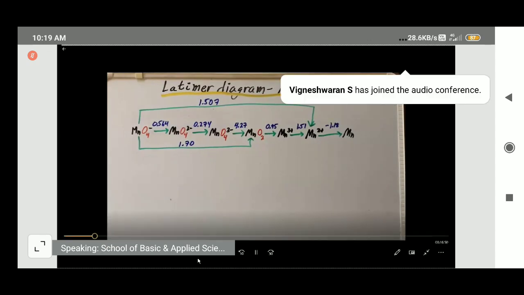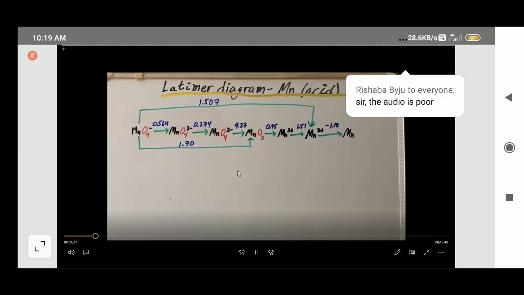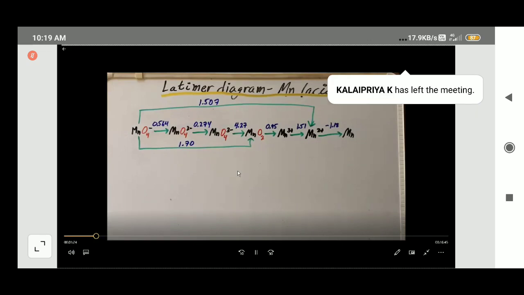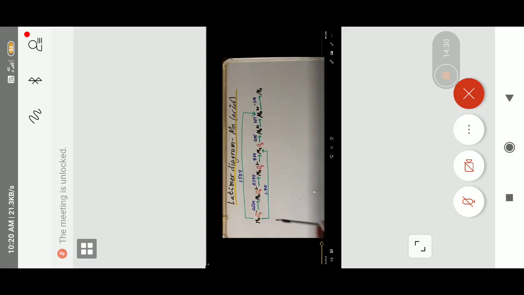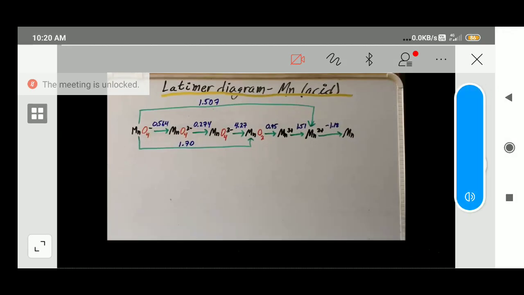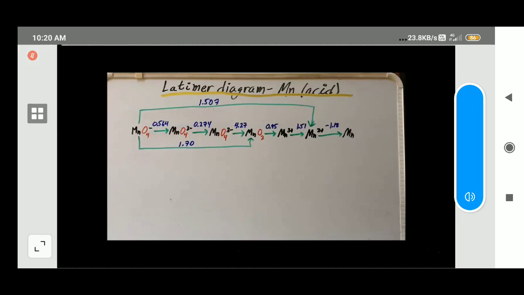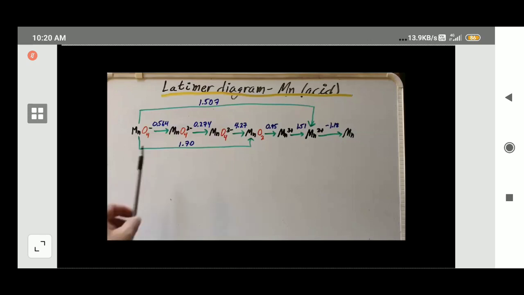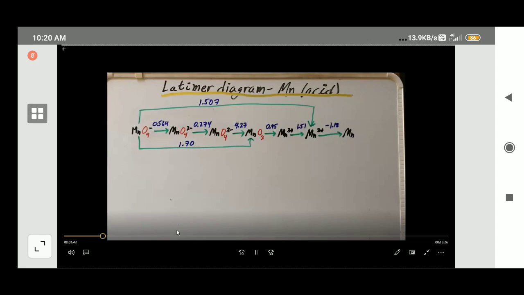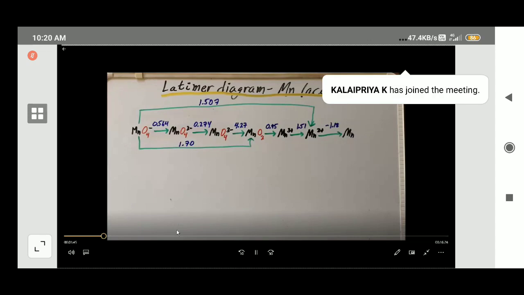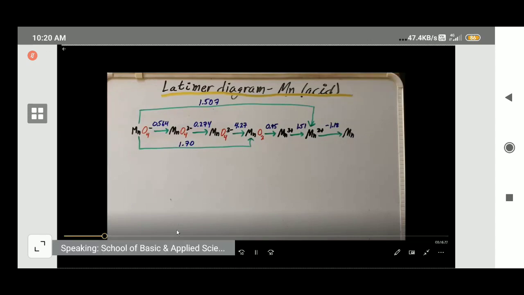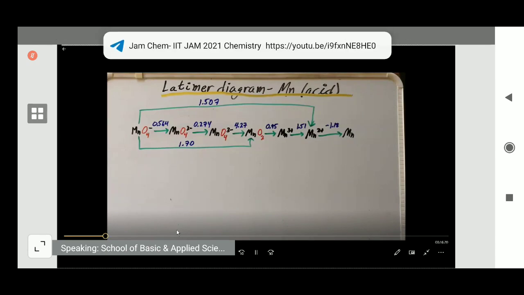Since these values are the EMFs for standard reduction potential, the fact that most of these are positive tells you that the species involved tend to be strong oxidizing agents. Oxidizing agents get reduced, and therefore the more easily reduced they are, the more positive the EMF, the stronger the oxidizing agent they are.